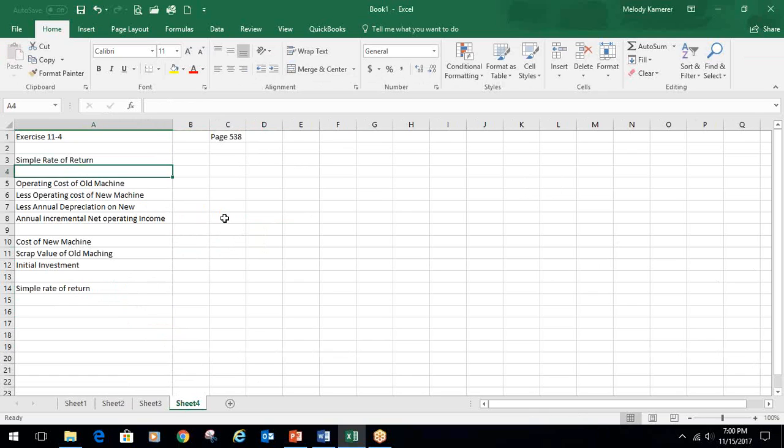So, on page 538, we are told, the management of Ballard Microbrew is considering the purchase of an automated bottling machine for $120,000. It would replace an old piece of equipment that costs $30,000 a year to operate, and the new machine would cost $12,000 per year to operate.